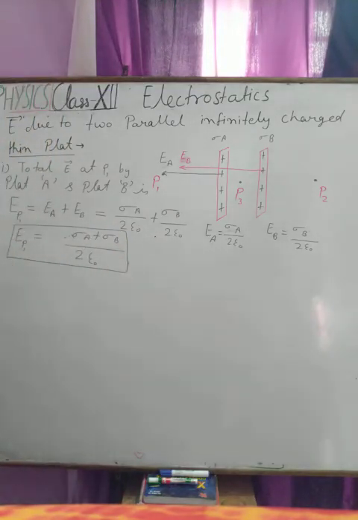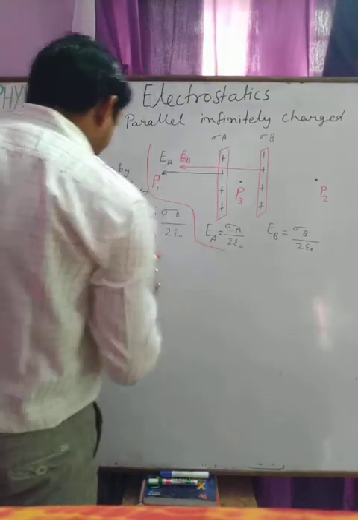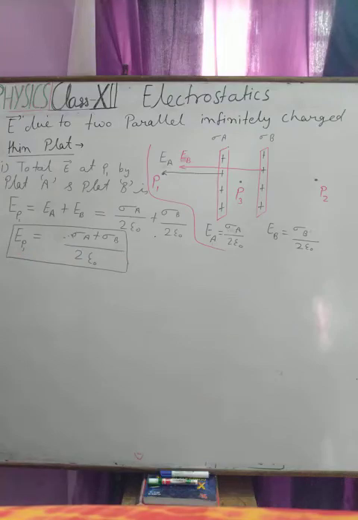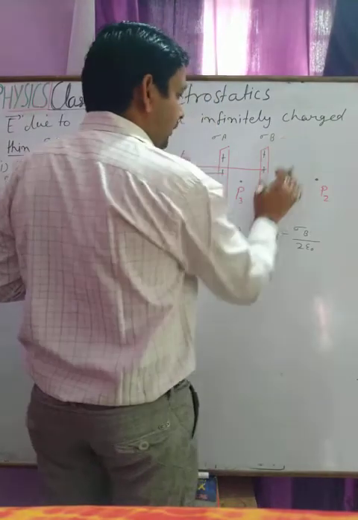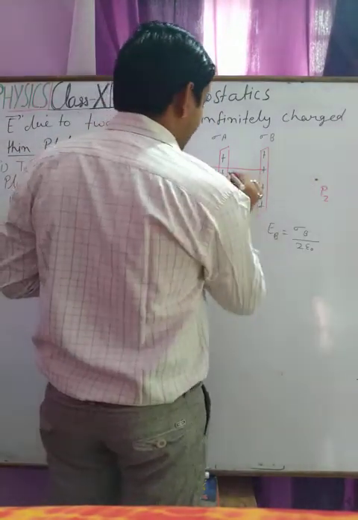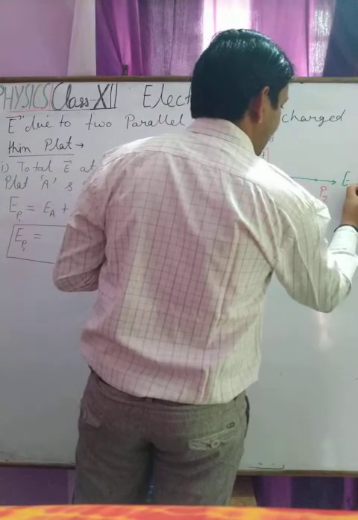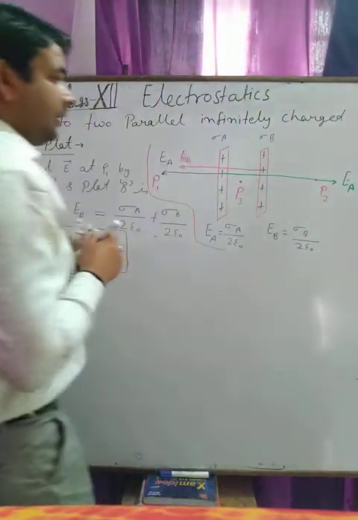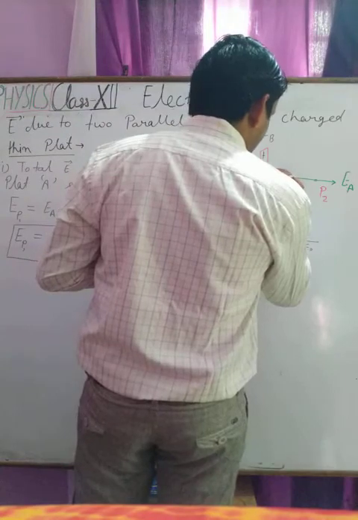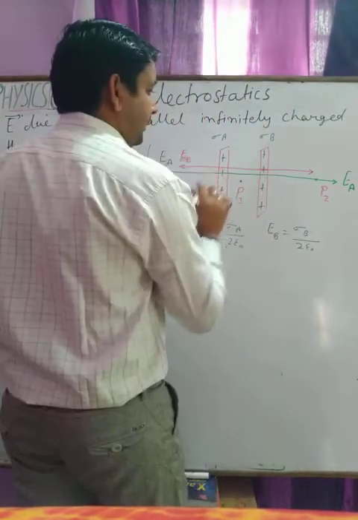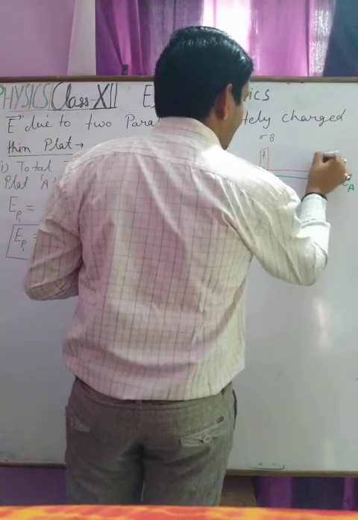Now we are getting the result at point P1. Similarly, we are observing here the electric field due to the plate A on point P2. This is in the direction of right, electric field EA, and due to the plate B, it is EB in the same direction.